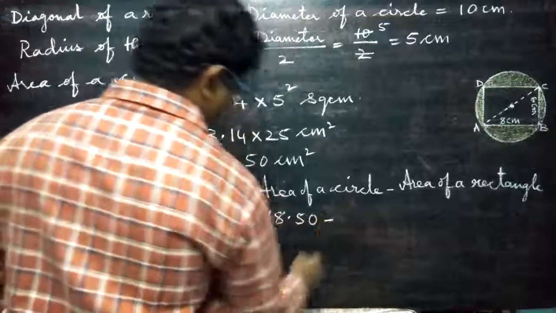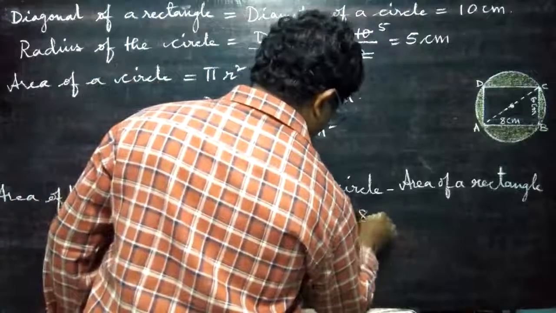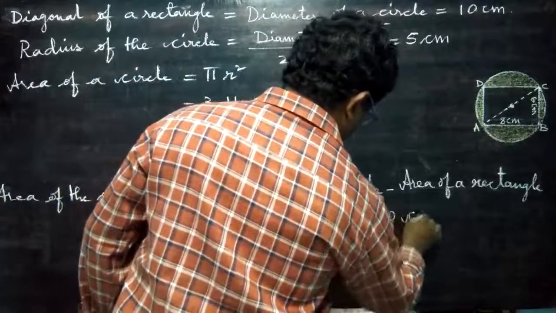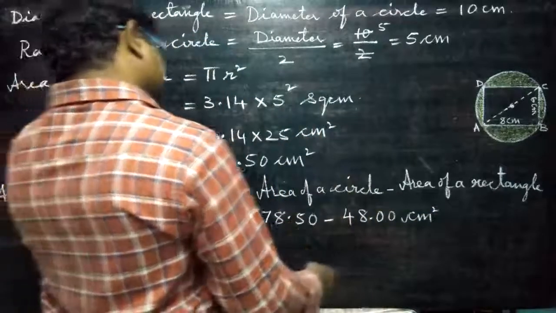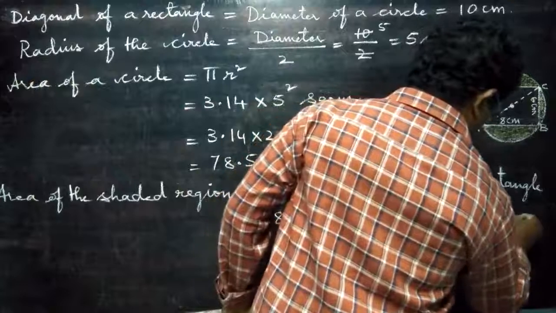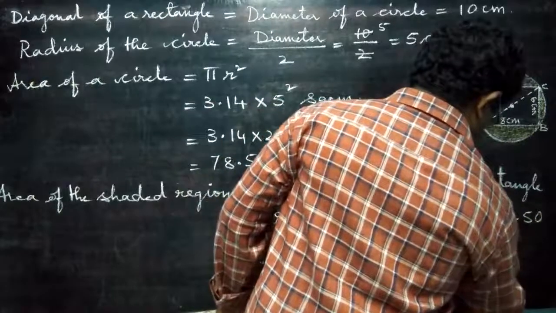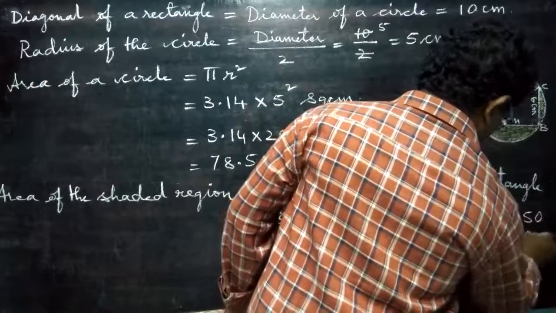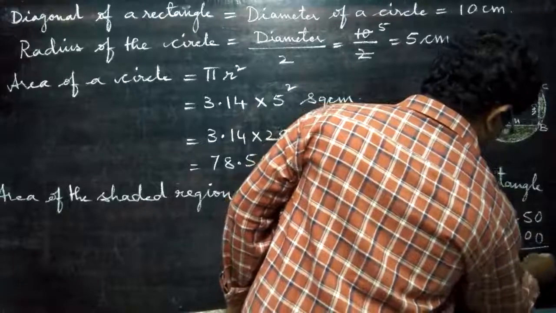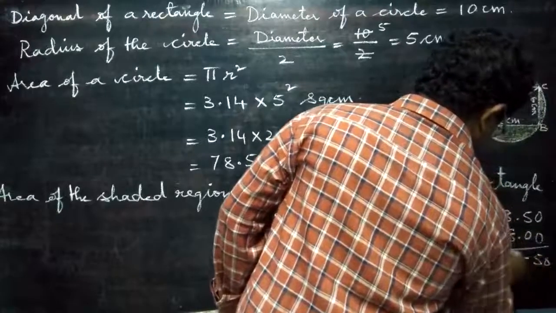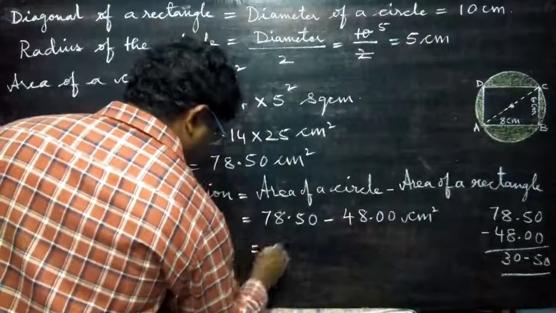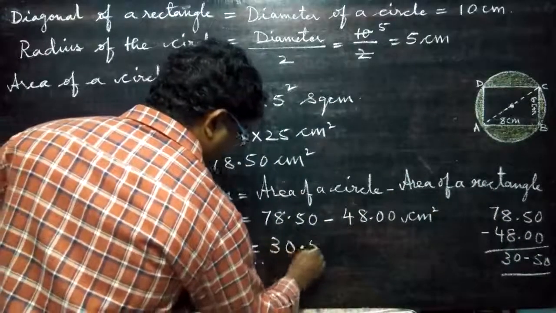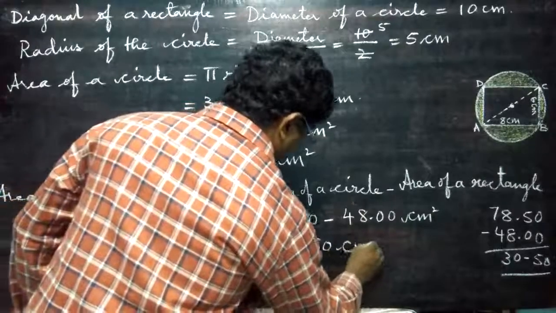78.50 minus 48.00 centimeter square. L into B, it's 6 and 48. So 78.50 minus 48, subtract, you get 30.50 centimeter square.